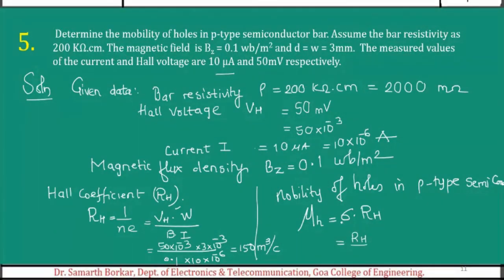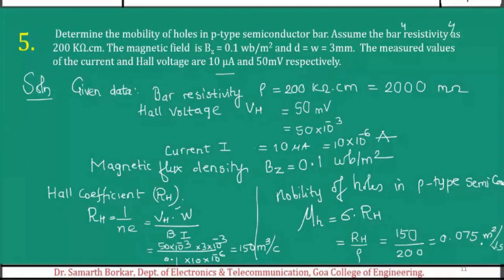And mobility is RH, and here instead of conductivity we will make use of the resistivity, RH by rho. So the RH value is 150 and the resistivity is 200. So the answer is 0.075 meter square per volt second.